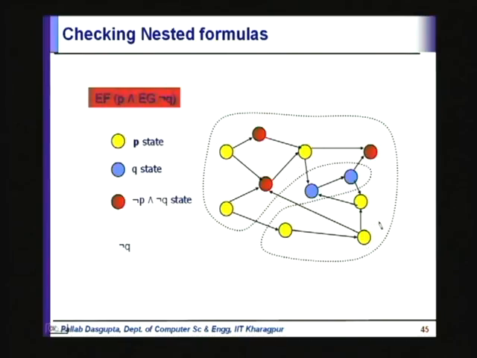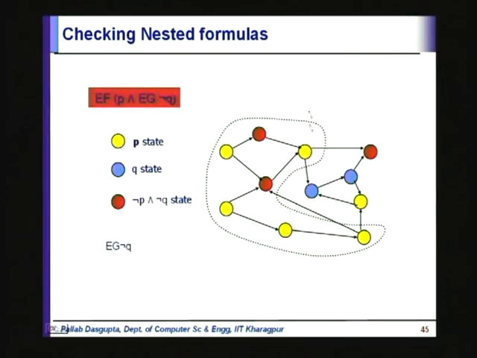Now if we go back one step, for EG not Q, it is not just sufficient to have not Q here. It has to be in a cycle where we have not Q. So out of these states, which ones are in a cycle? It is these ones which are in a cycle.